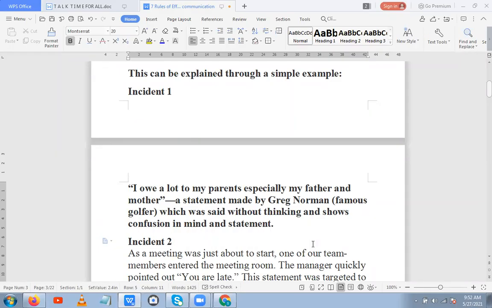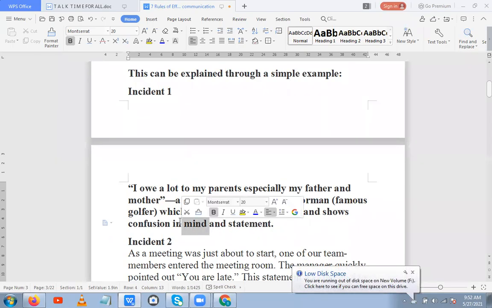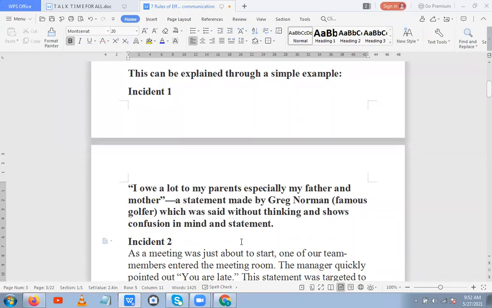So this shows that he did not think before he's speaking. And that is why it shows confusion in mind and statement. Yes, ma'am. Why is he so confused? My parents, especially my father and mother, he's repeating it, no? Yes, ma'am. He's repeating his thoughts. Their parents already means mother and father. And you could have included other people also.